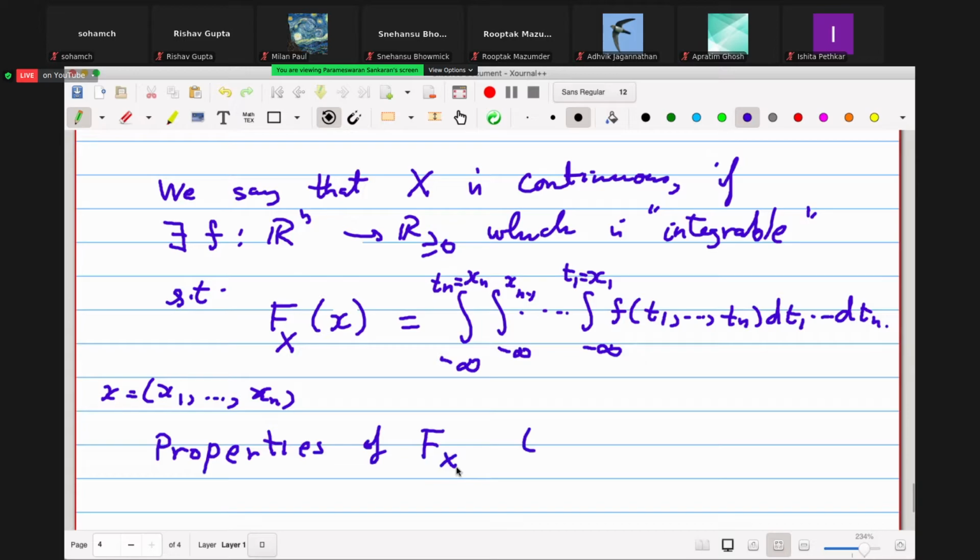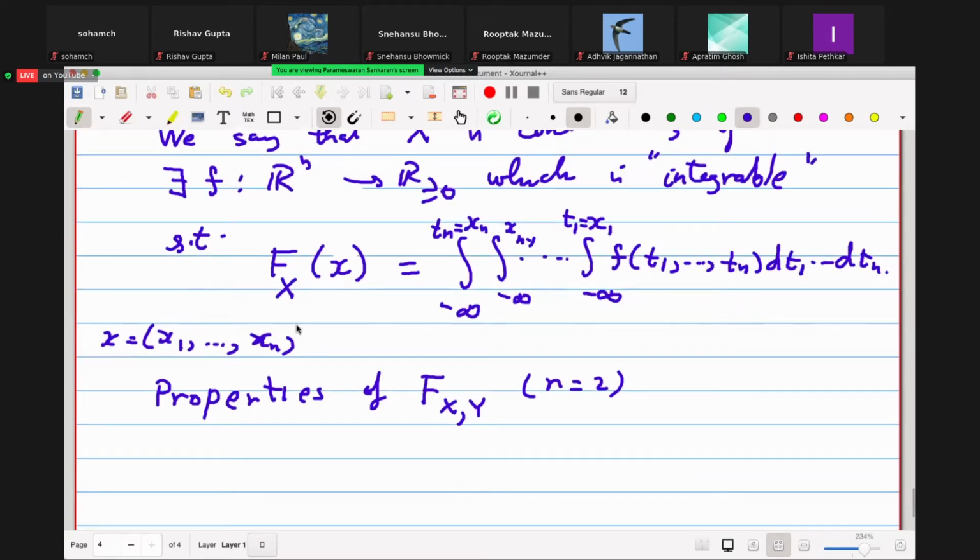Assuming n equals 2, I will write x comma y. Instead of writing x1, x2, when there are only 2 variables involved, we write x comma y. And when there are 3 variables, we just write x, y, z. Of course, this is stated for n equals 2, but you have an analogous thing for any number of variables. Let us just stick to n equals 2 for the sake of clarity.